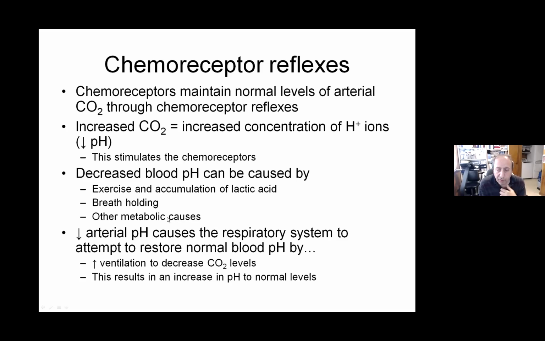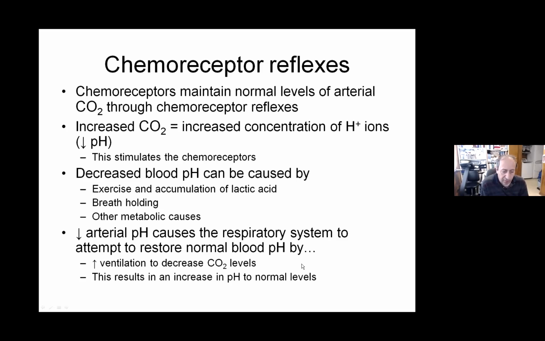There are also some metabolic diseases that can lead to a decrease in pH or increase in acidity. A decrease in pH causes the respiratory system to hyperventilate, so that blood pH is restored to the physiological range, which is 7.35.